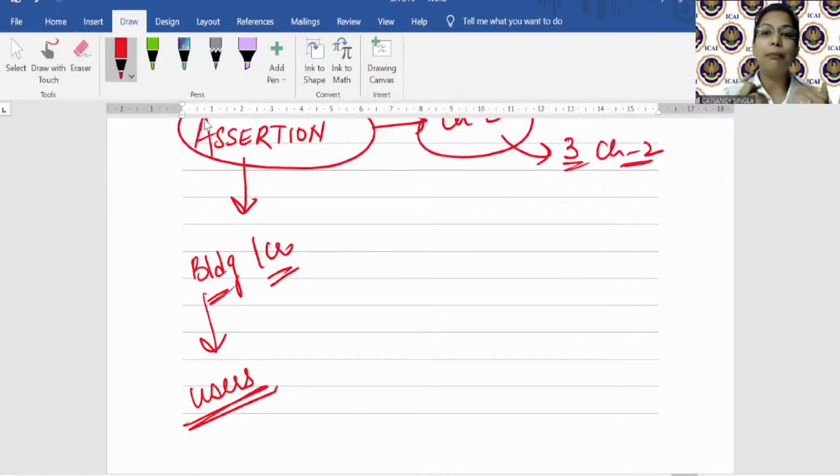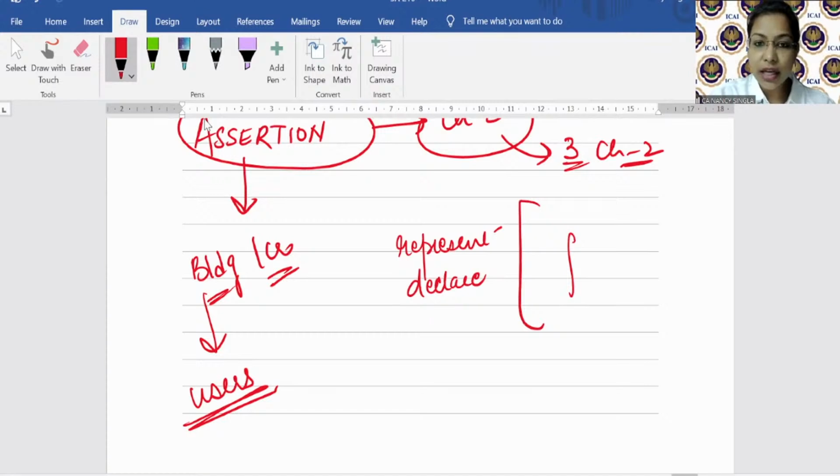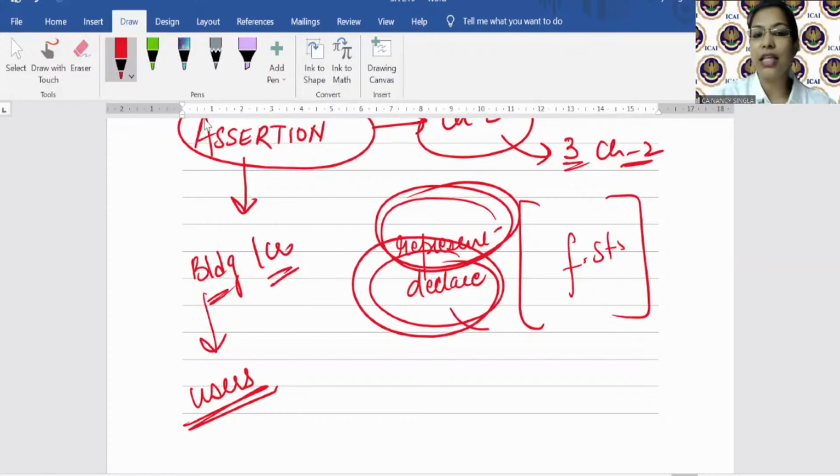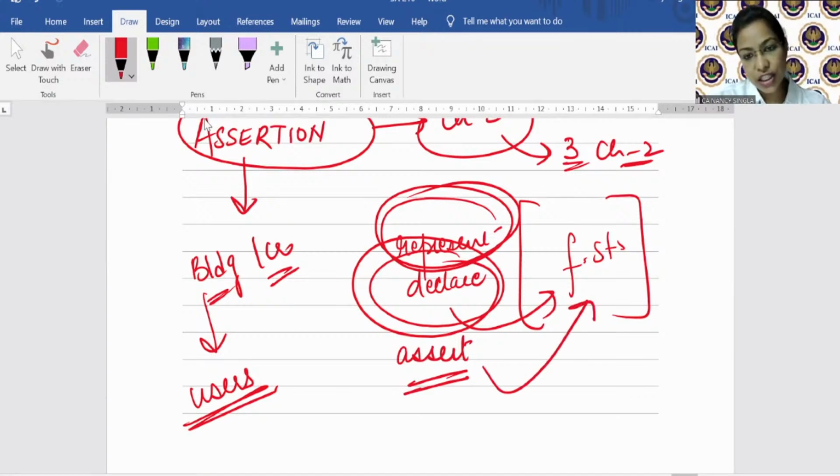Purchases were 50 lakh, sales — कैसे बताएगा? Management will represent or declare such information in financial statements. So when the management is representing, declaring, or I can say asserting such information in financial statements, such a declaration is called what?